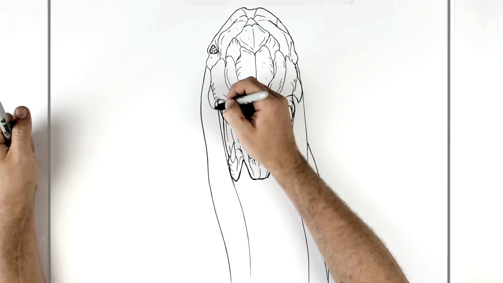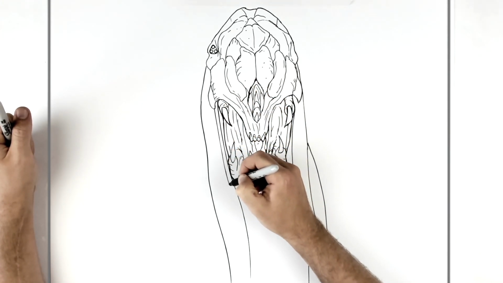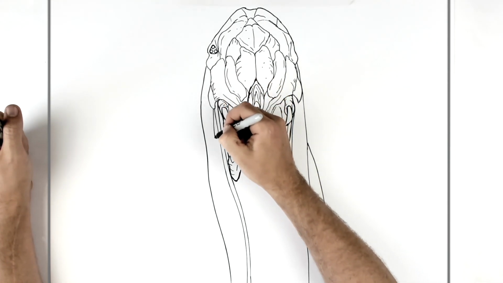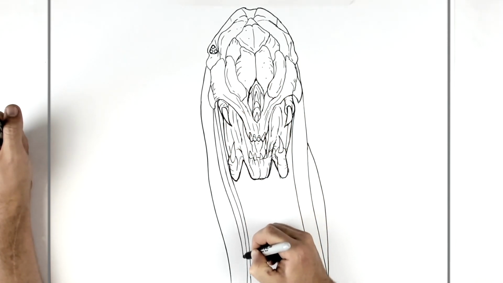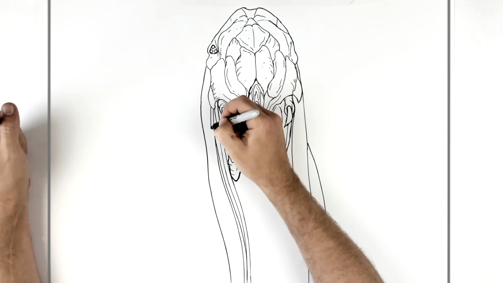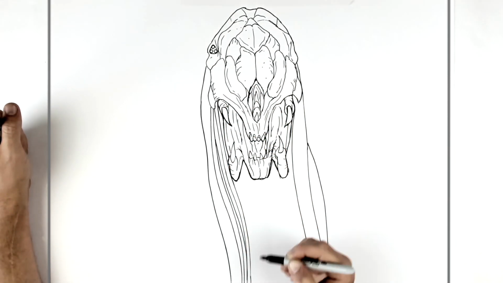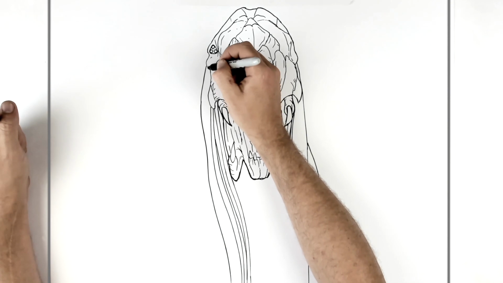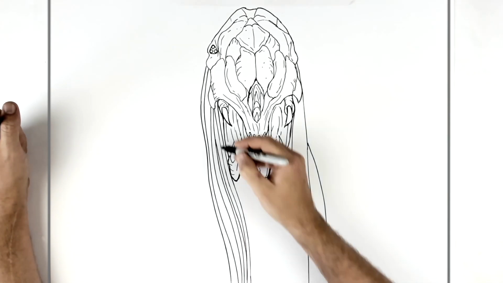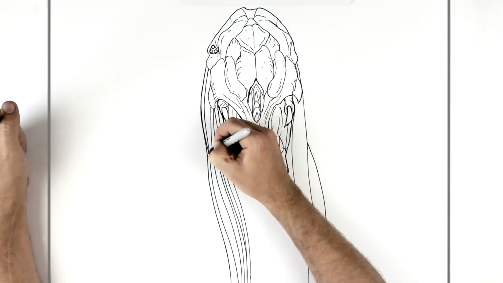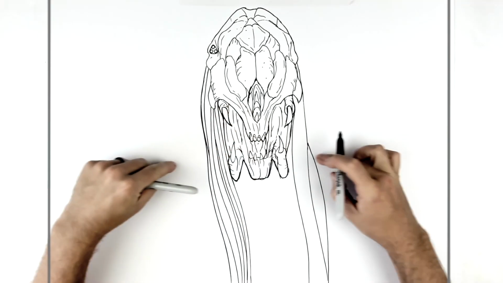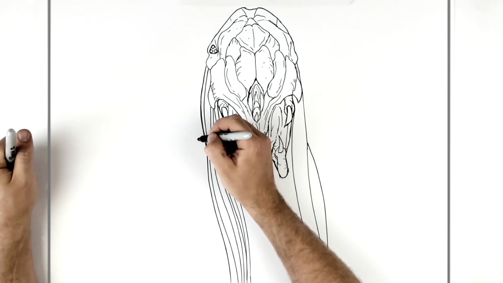So we'll just add individual ones now. And then some coming out here. So his shoulders are about this level. We'll do some more.